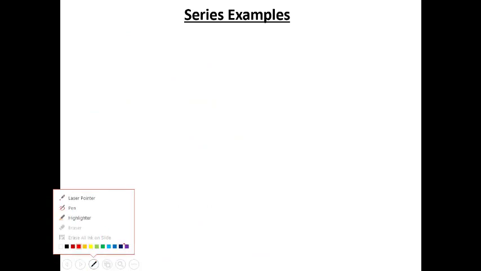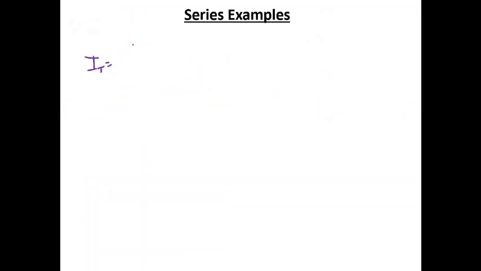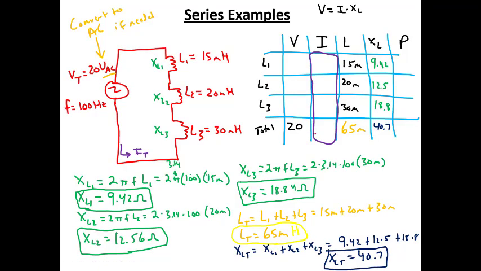All right, so the total current, I total, is going to equal V total divided by X sub L total. So we would have 20 divided by 40.7.